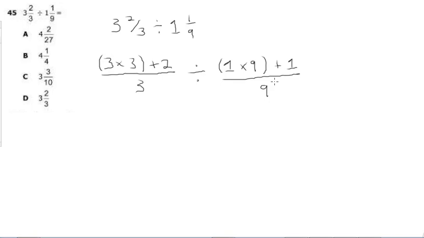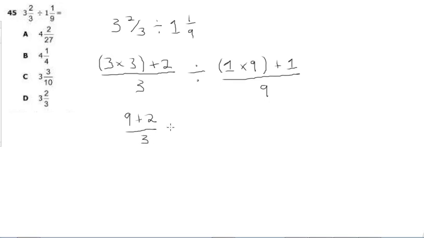3 multiplied by 3 gives us 9, plus 2, over 3.